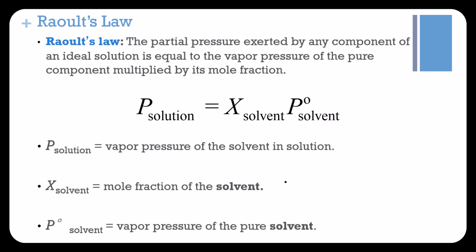So mole fraction is denoted with an X. On the bottom is going to be the total number of moles. And then on the top is going to be the moles of solvent.